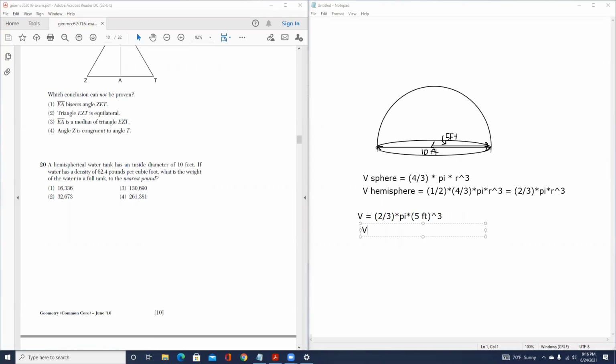We get that this volume is equal to 261.799 feet cubed.